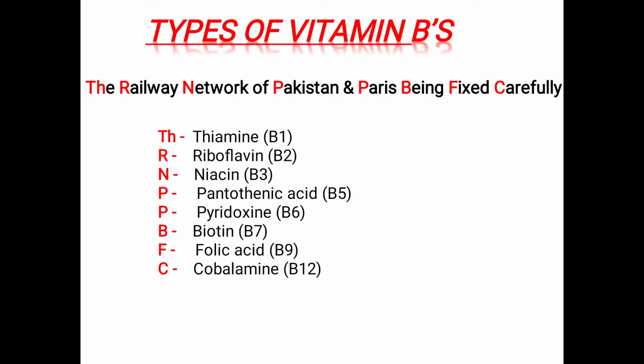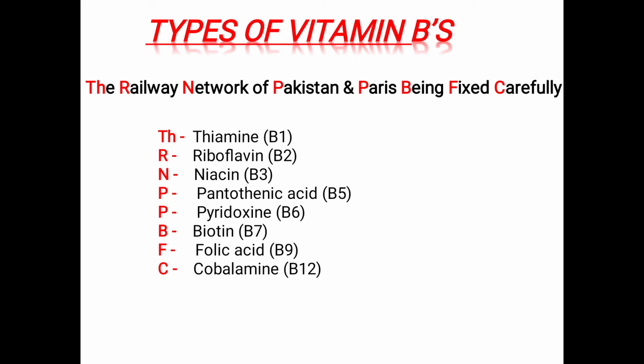The mnemonic says: the railway network of Pakistan and Paris being fixed carefully. So the highlighted parts are the parts which are to be taken for the names. For example, the TH from "the" says thiamine, which is the vitamin B1. Do remember, it's not thiamine, it's thiamine. The R stands for riboflavin, which is vitamin B2.